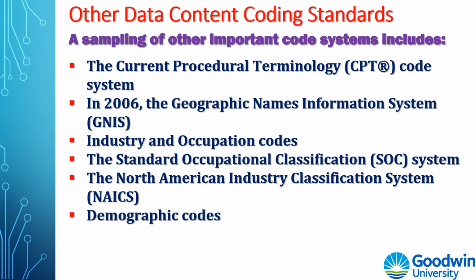And you can peruse those in your book. The thing you need to take away from this is just an understanding that there are other code standards utilized in healthcare. And some of them may not seem like they have any direct relationship to healthcare, but they do in the public health domain.